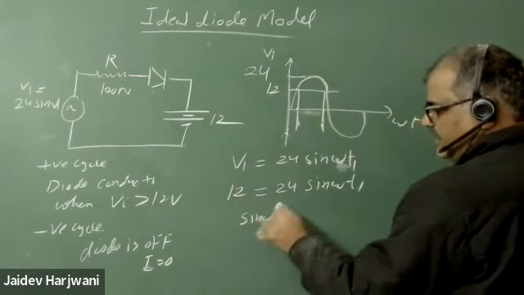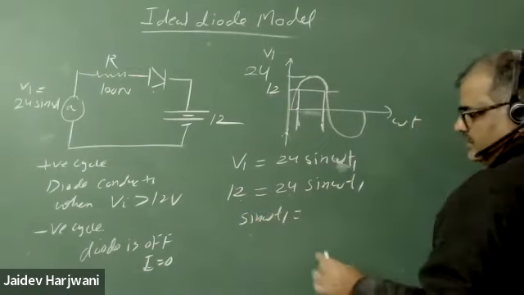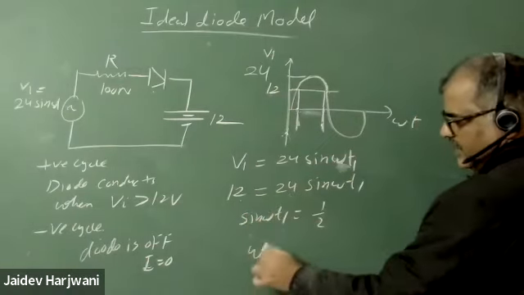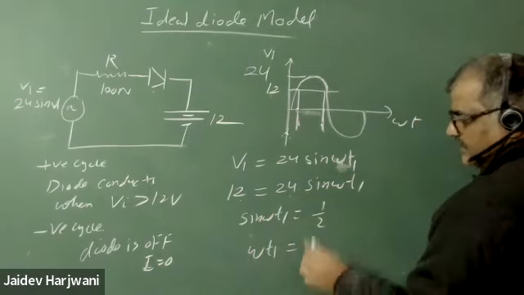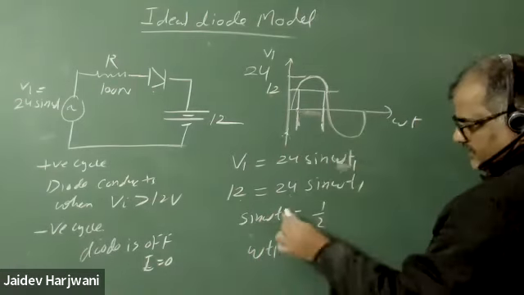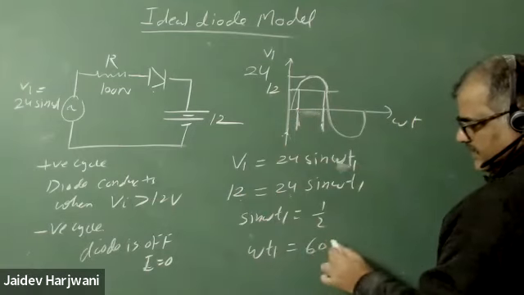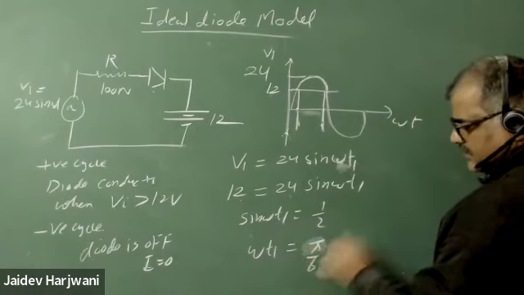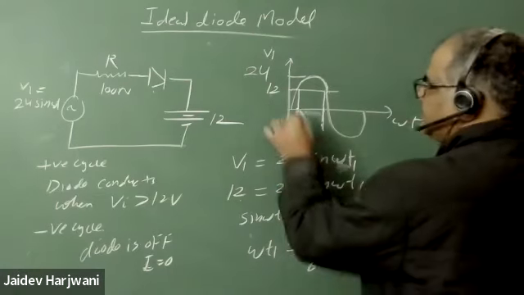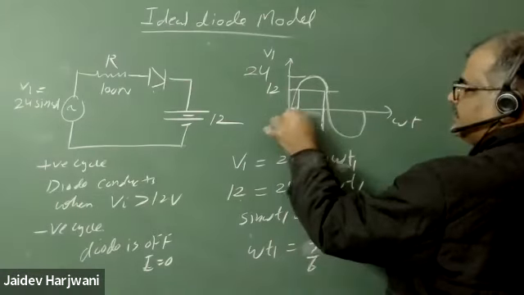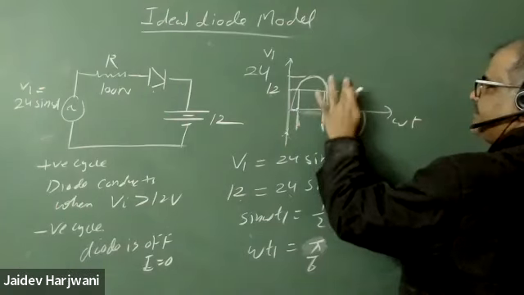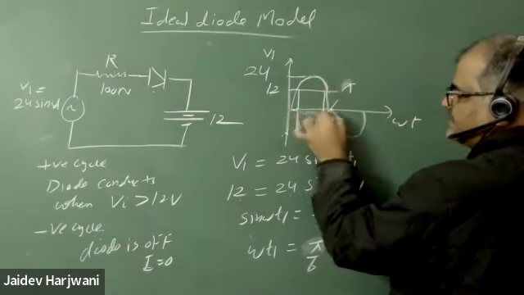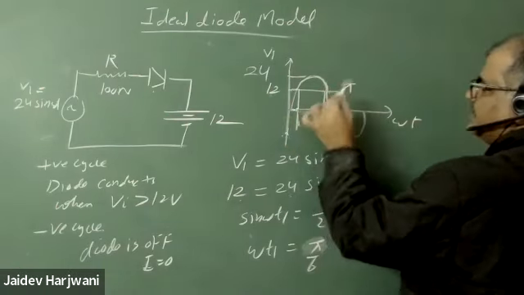From here I can get sine omega t1 equal to 1 by 2. So omega t1 is the angle pi by 6, or 30 degrees. Now these are symmetric. This is 180, this is pi, and this gap is also pi by 6.